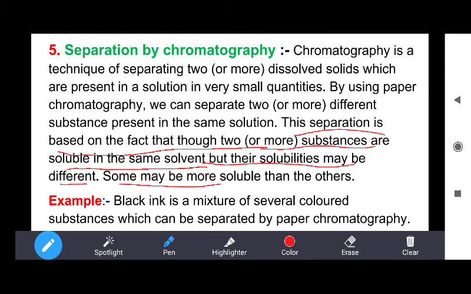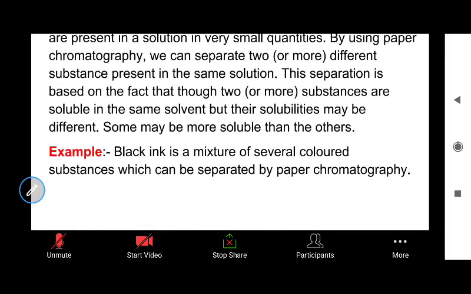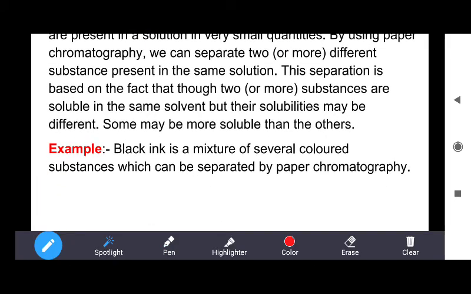The substance which is more soluble in the solvent will move higher on the chromatograph paper. For example, black ink is a mixture of several colored substances which can be separated by paper chromatography.